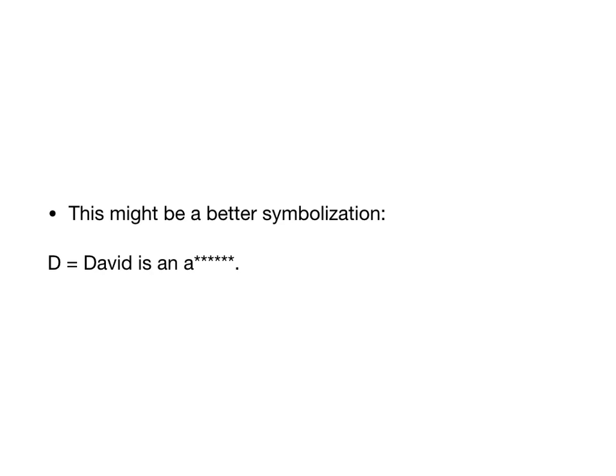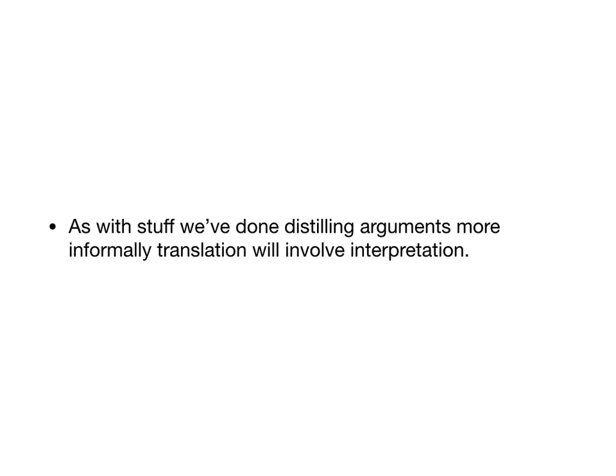The same sort of skill comes in with symbolization, with translating. Same thing, same considerations. Translation involves interpretation in the same way that putting an argument in numbered premise form or diagramming it involves interpretation. It's just unavoidable.